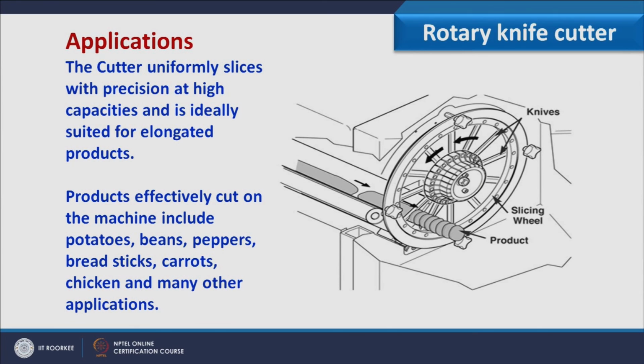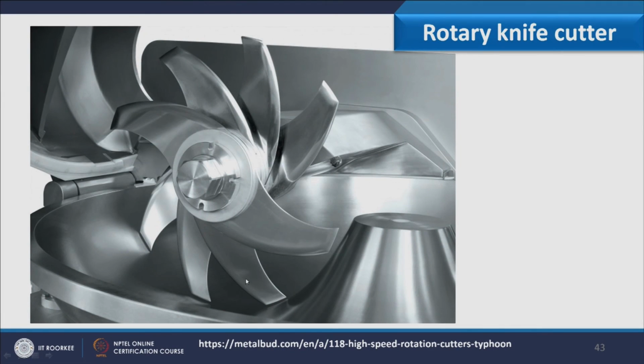Products effectively cut on the machine include potatoes, beans, peppers, bread stick, carrots, chicken and many other applications. Therefore, these types of knives are extensively used in the food industry. As far as its photographic view is concerned, it looks like this. You can read more about this on this link.